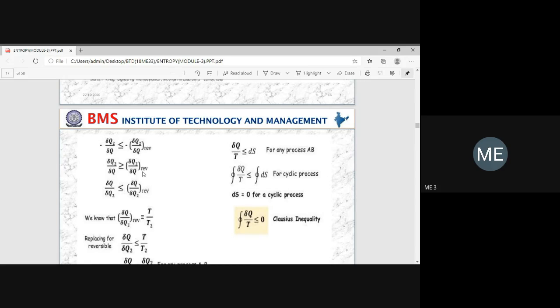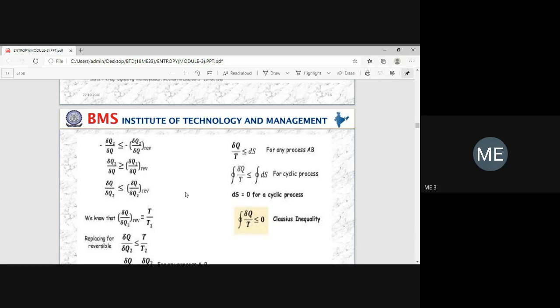Now I'm changing the terms. These three steps are most important in the Clausius inequality. Whenever you are changing the magnitude, we have to change the symbol from less than to greater than.